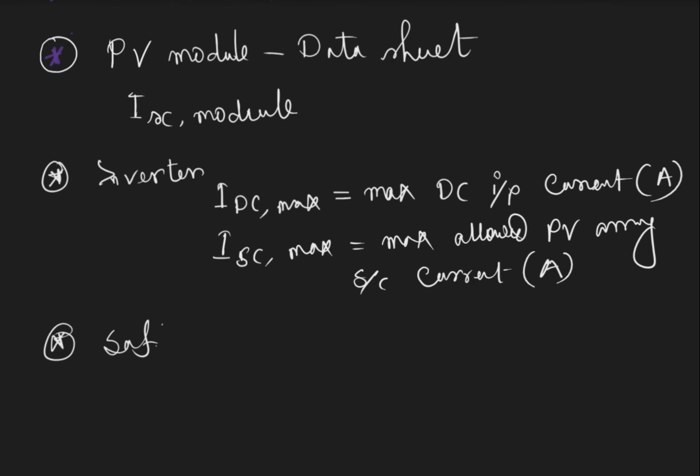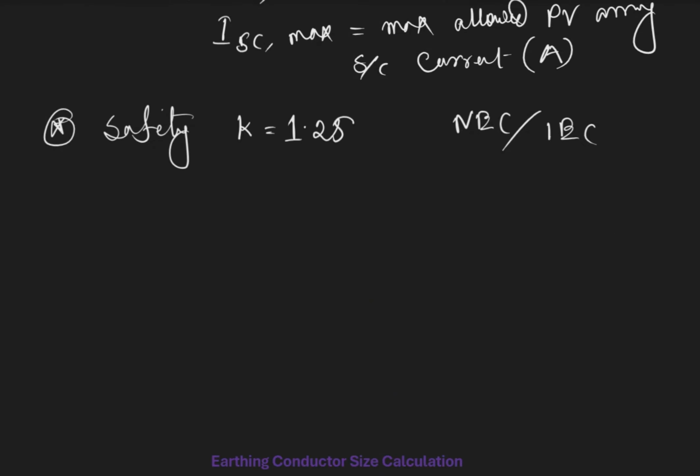The safety factor, let's say, is 1.25, which is actually for the worst case scenario of irradiation, and this 1.25 is taken from the NEC standard and the IEC standard as well. And now another important point, remember whatever I'm going to write down is a step by step solution or a step by step guideline.